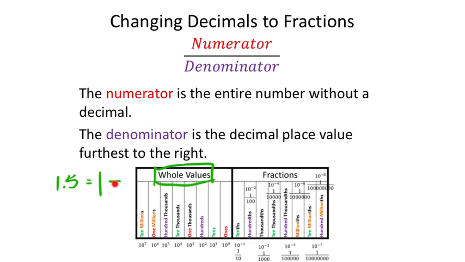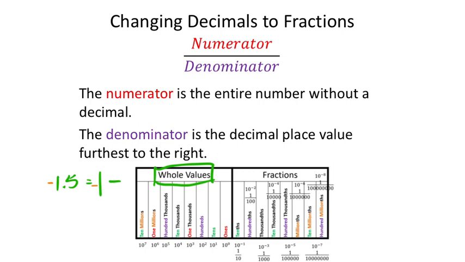Now we'll talk about how to fill those in, but if you ever see anything to the left of the decimal, just make it the whole number in a mixed number, even if that number is negative. So if that's negative 1.5, then just make it negative 1 and some fraction like that, okay? So if it has a negative sign, let it keep the negative sign. If it's positive, well, just keep it positive.